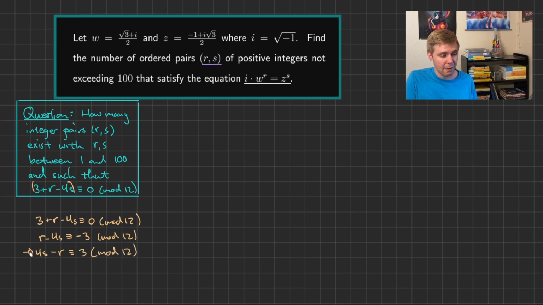And now I'm going to count the solutions to this. We're going to have to do this by breaking up into some cases. So we'll take a look at cases for 4s. So this is a multiple of 4 here, 4 times s.